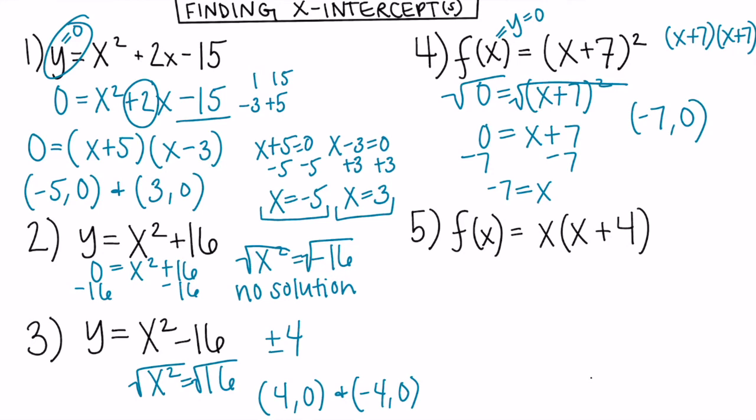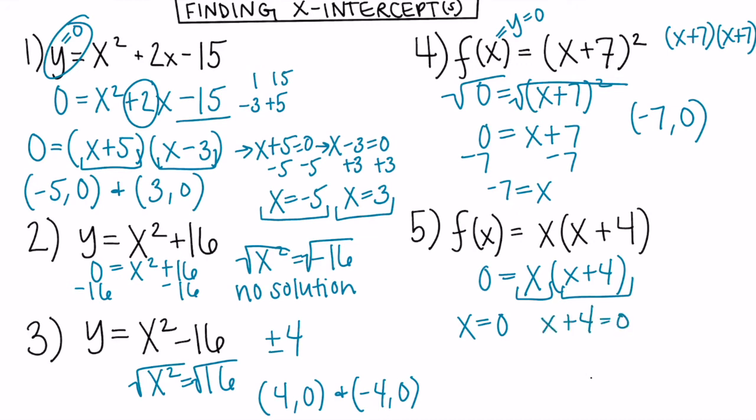All right, and lastly, again, f of x is the same thing as y, which in an x-intercept is going to equal 0. We actually have two different parts. We have x, and then we have x plus 4. All right, just like in number 1, when we had the two parts and we set them both equal to 0, same thing here. We're going to set our first part and then our second part.